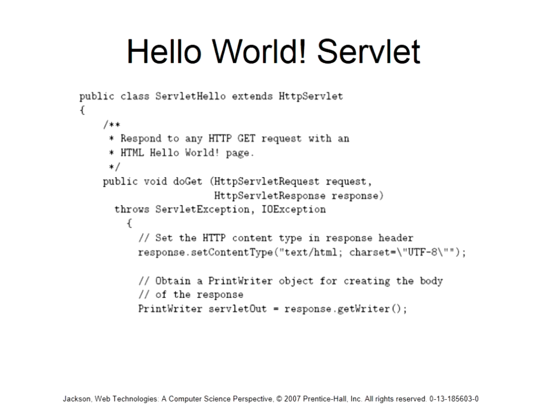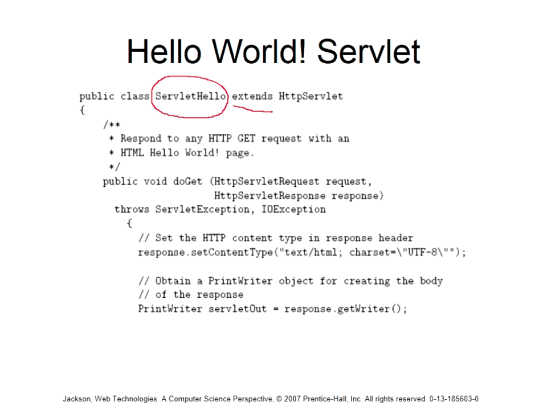This is an example of a hello servlet. Okay? So if we want to create a servlet, we use public class, then the name of our servlet. So in our example, the name is ServletHello. After that, we have to write extends HttpServlet.